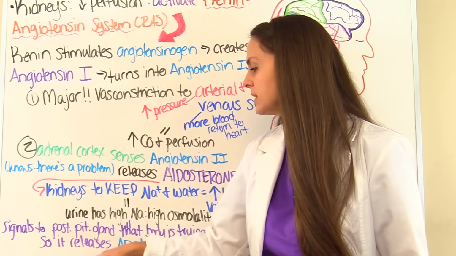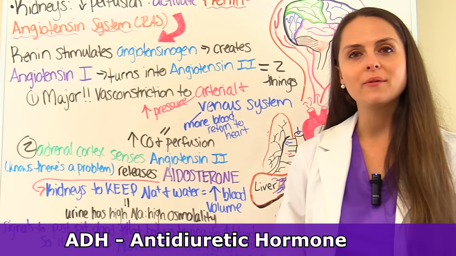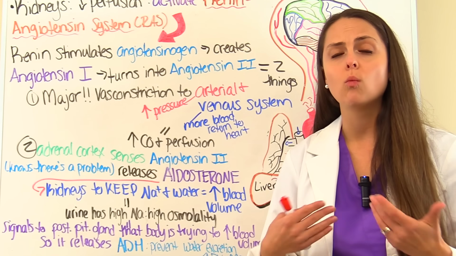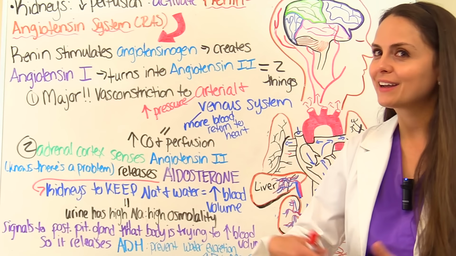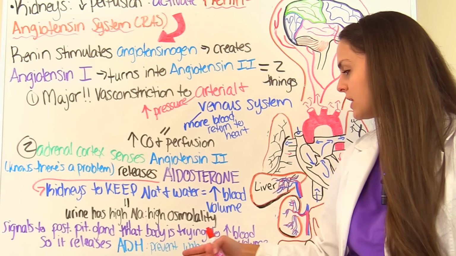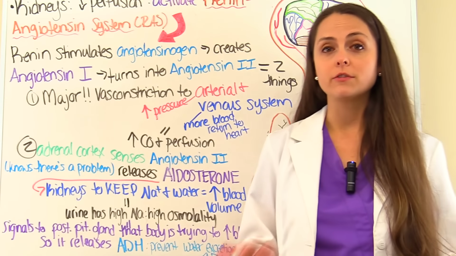So it's going to release ADH, which is an antidiuretic hormone. And ADH, what does it do? It prevents your body from excreting water. So in turn, that increases blood volume even more. And all that together is going to help increase blood volume, increase cardiac output, and increase perfusion.